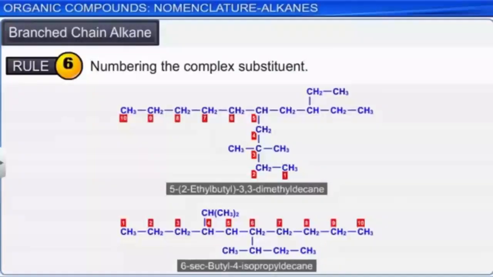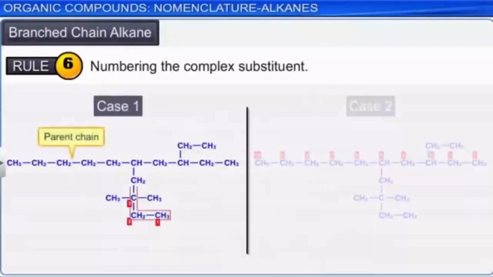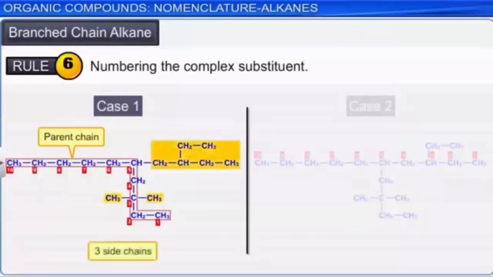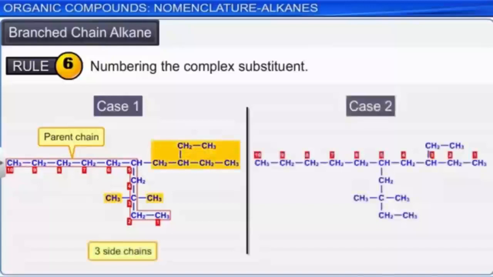The parent chain, which contains more side chains, is selected. The chain highlighted in red has 3 side chains attached to it. If we select the other chain, as shown, as the parent chain, it will have only 2 side chains attached.